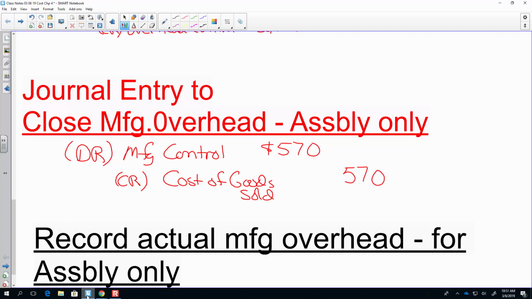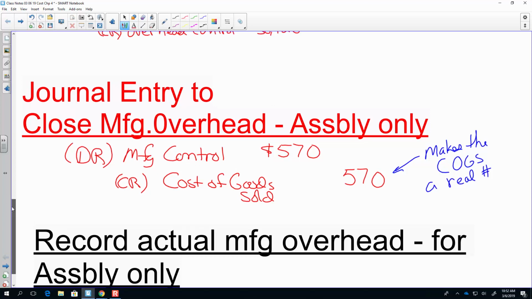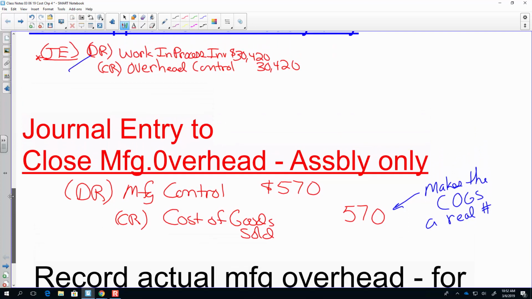So the concept here is that this makes the cost of goods sold a real number, not an estimate. Remember, when we're debiting for this applied overhead, this is an estimate. That applied amount is an estimate. It's not a real number.